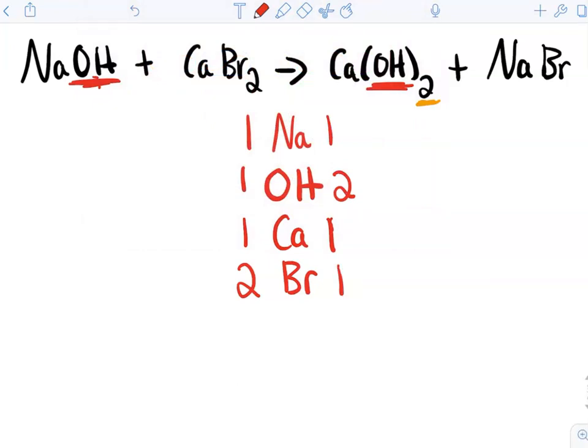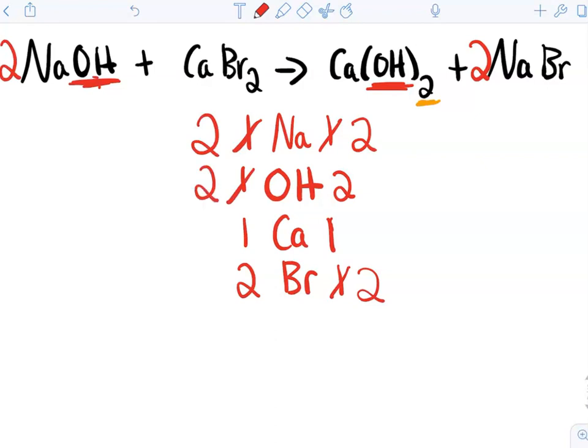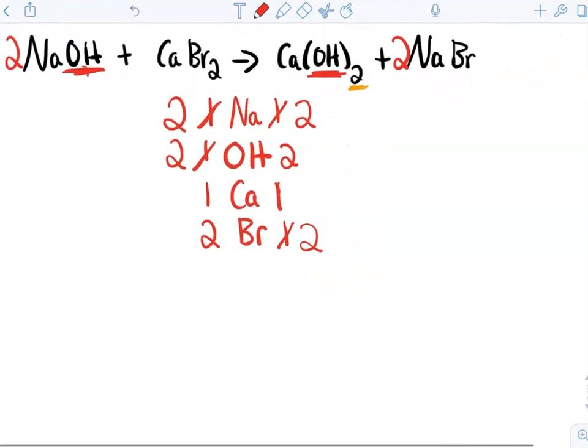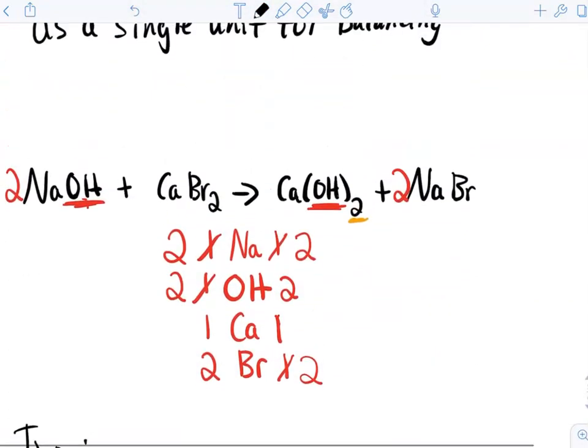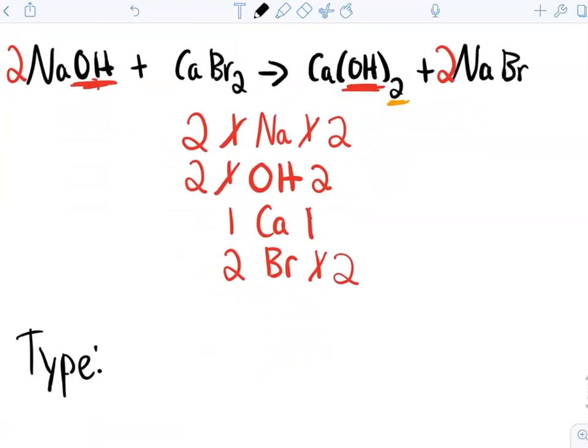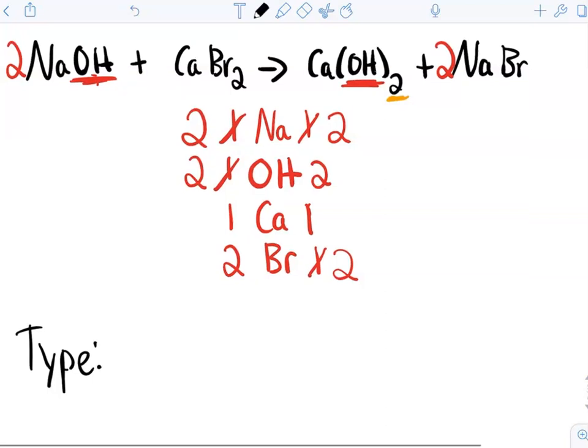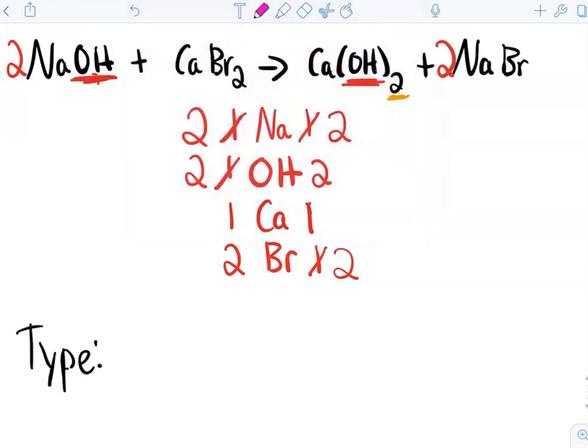So I'm going to work with the Br first. If I put a 2 over here, I then have 2 Na, 2 Br. And then if I put a 2 here, 2 Na, and then 2 OH. And then for the type of this one, I don't see a single element by itself on either side of the arrow, but I do see two things being replaced, meaning that the Na comes over here with the Br, and then the Ca goes with the OH.